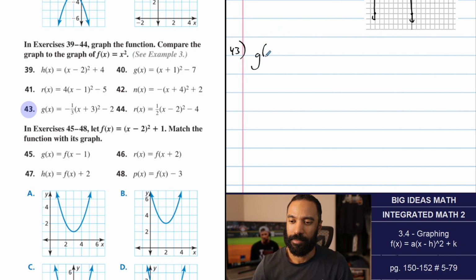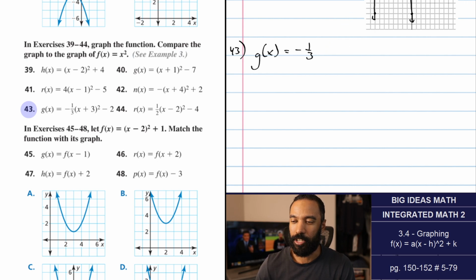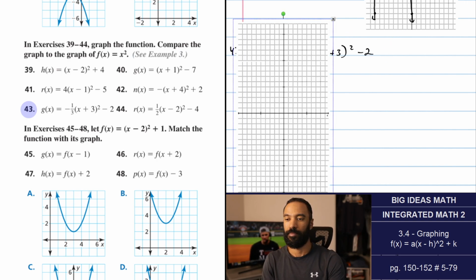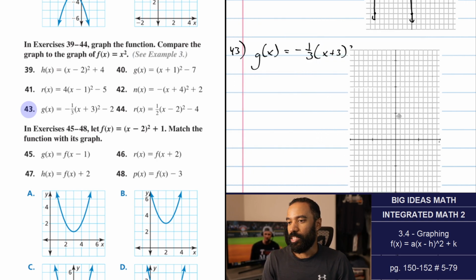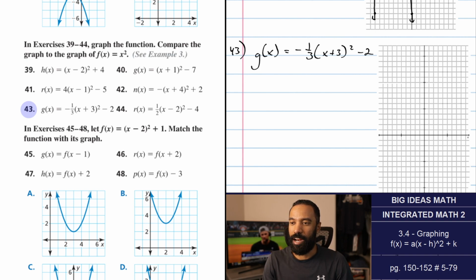g of x equals negative 1/3 times x plus 3 quantity squared minus 2. Excuse me, I said cubed. That is not our chapter. Okay, this is the most ambitious one when it comes to the fraction and everything else involved.